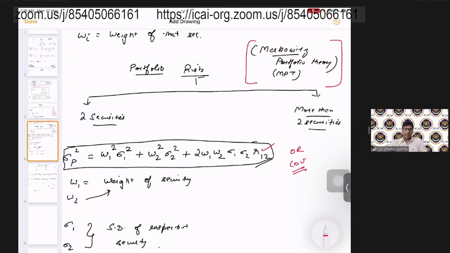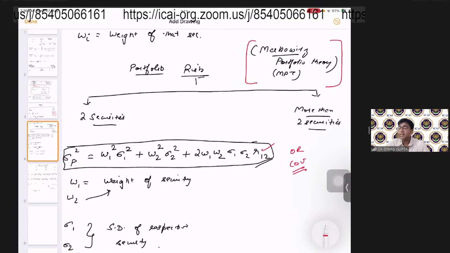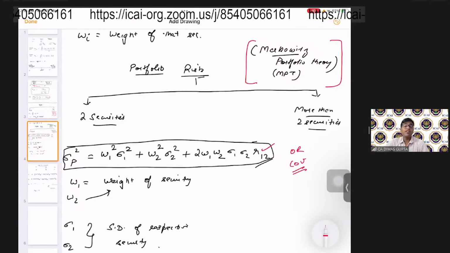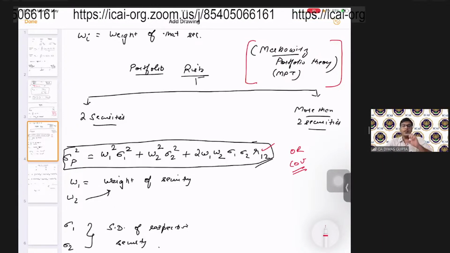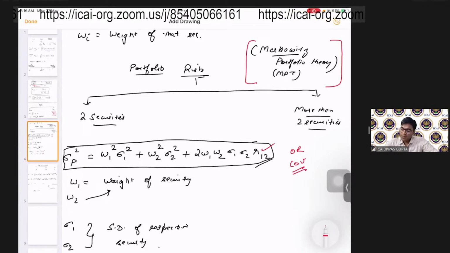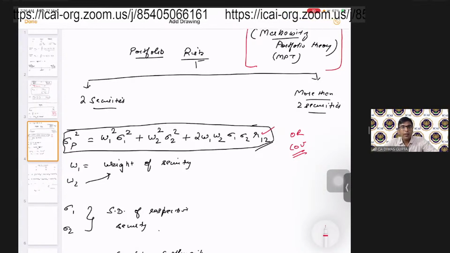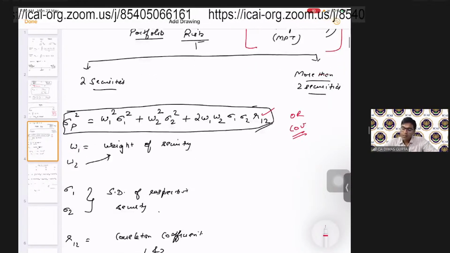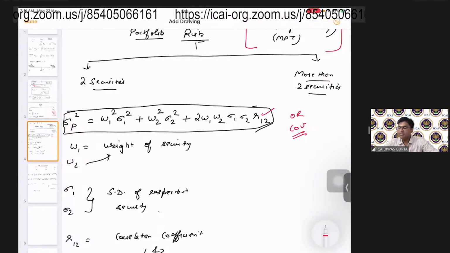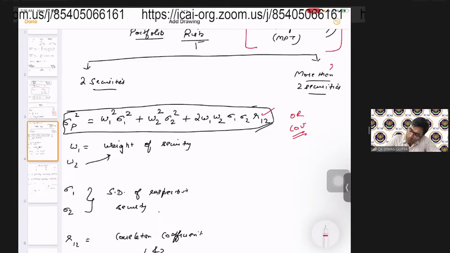Why we call it Markowitz portfolio theory, we will understand with the differentiating factor once we cover the Sharpe's index model. Then you will be able to make out what the real difference is. So first of all, in Markowitz portfolio theory, we talk about how to calculate risk. That also we have bifurcated into two parts just for simplification. One is the two securities portfolio, and the second one is the more than two securities portfolio.